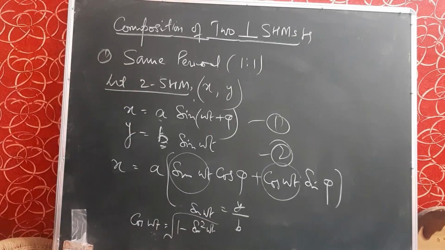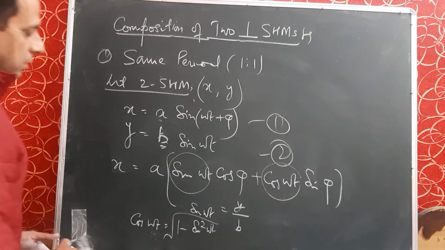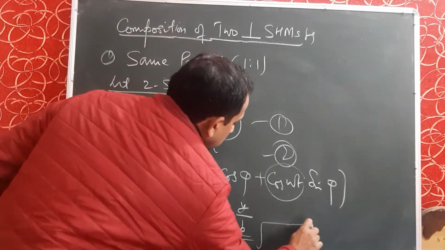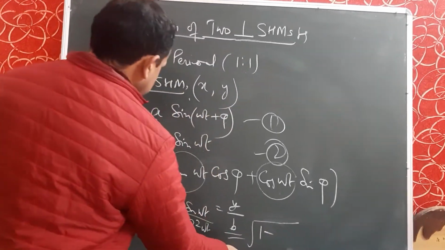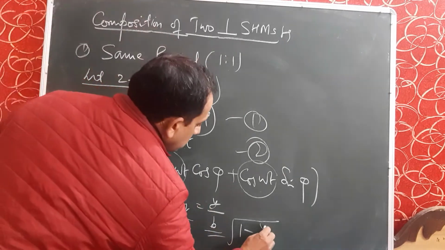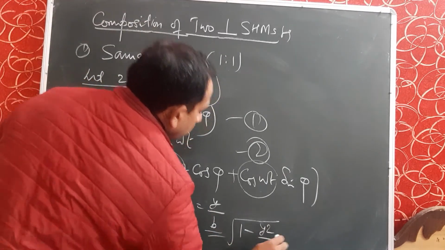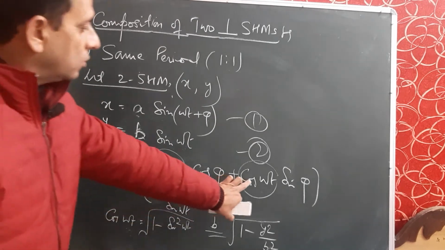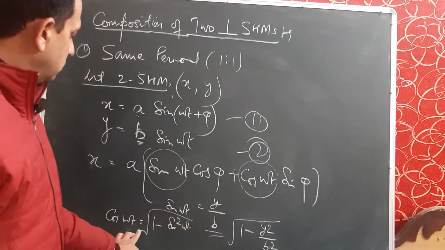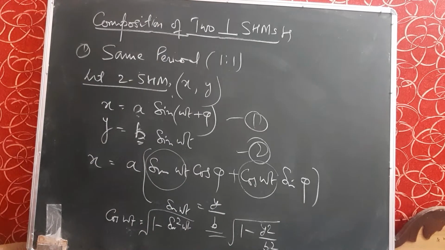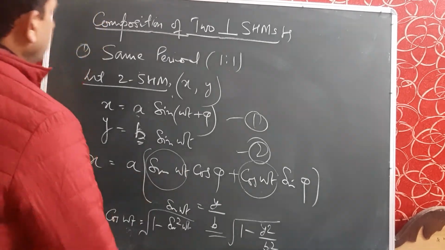You know this formula, and which is further equal to under root 1 minus y square over b square. So, we will put cos omega t as this under root 1 minus y square upon b square and sin omega t as y upon b.